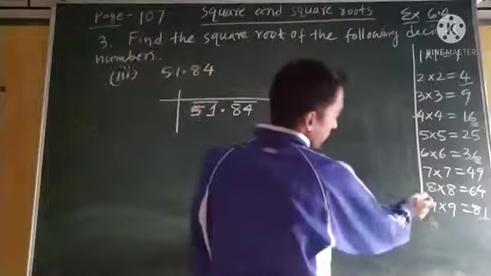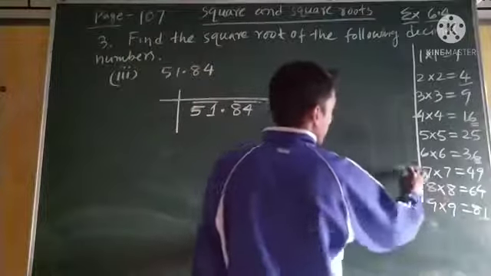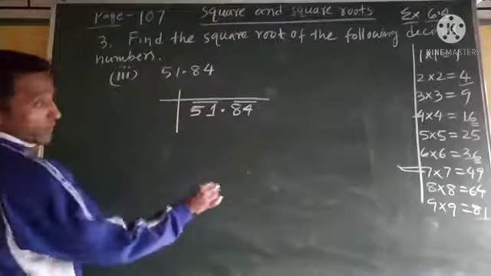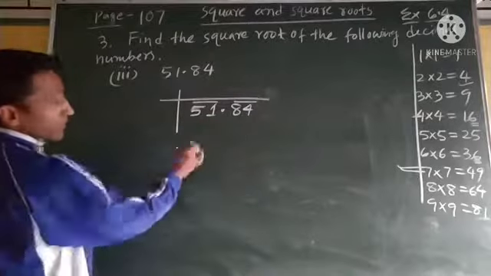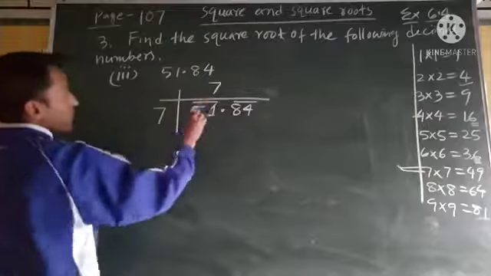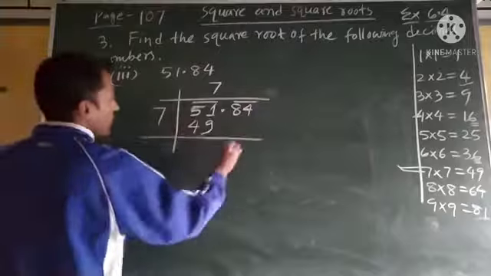So 51, you see, if you give 8 times, 8 eights are how much? 64. That means you have to give time, how many times? 7 times first. If you give 8 times, then you will get 64. So 64 is greater than 51. That is why you have to give 7 times first. 7 into 7, how much? 7 into 7 is 49.